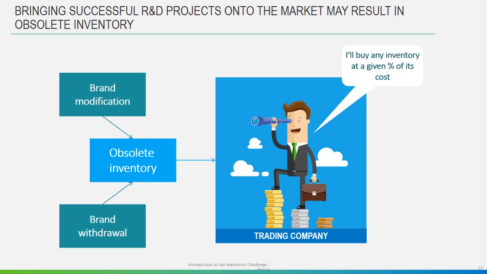So it gets sold to a trading company, kind of think about like the Dollar Tree or the Dollar General, someplace that buys old inventory and sells it at a deep discount. So if you modify a brand, all existing units that were already in inventory are now obsolete and they get sold off at a loss. And so you'll lose some money, but it may be okay if the brand you're replacing it with is that much better.